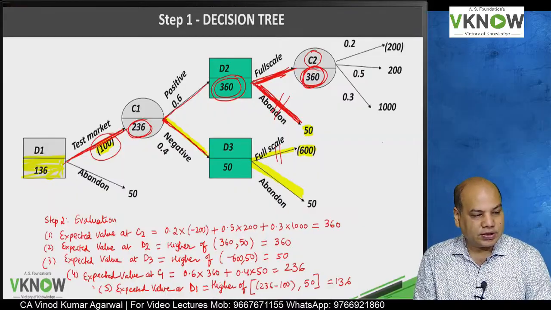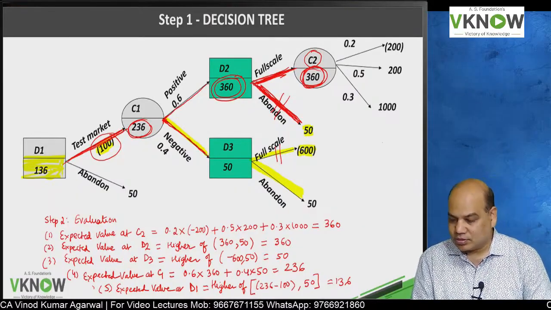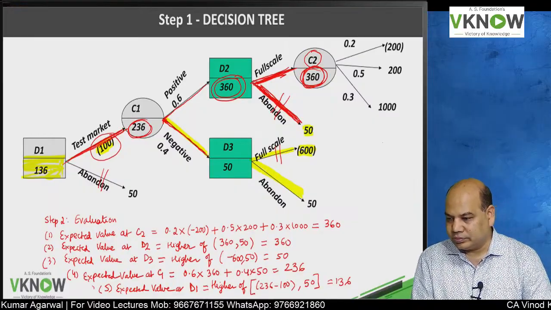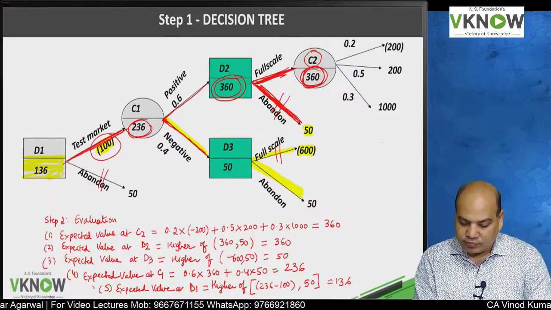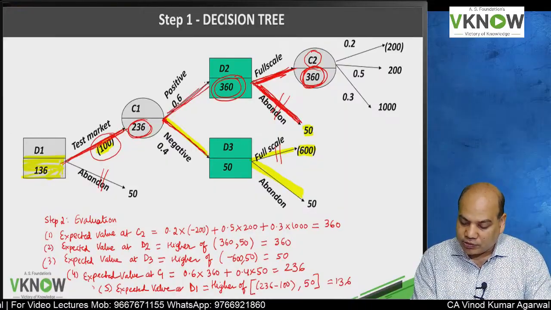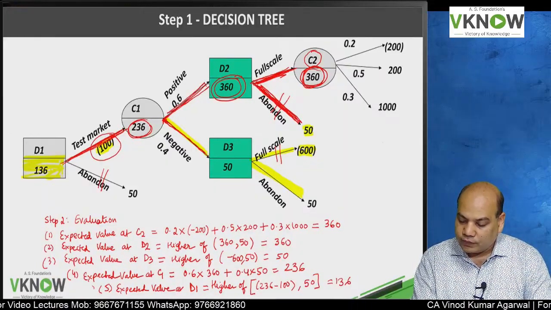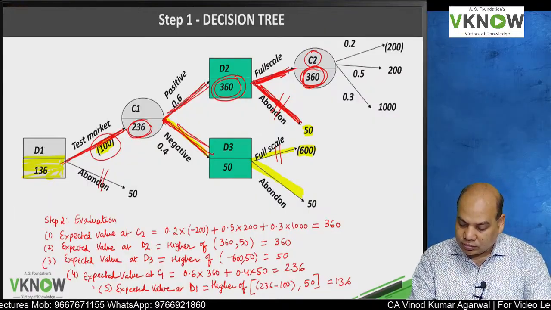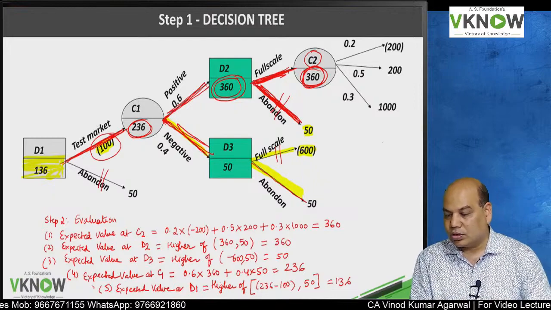First you have to draw the decision tree very nicely. So we are going to cancel the abandon option. My decision would be, first you do test marketing. If the result is positive, go for full scale. But if the result is negative, abandon the project.